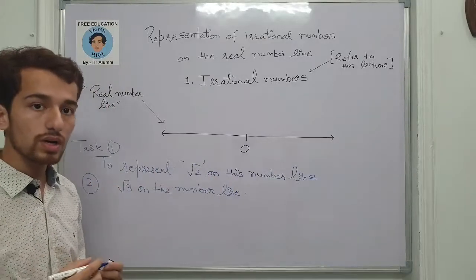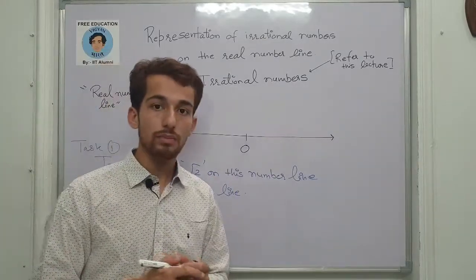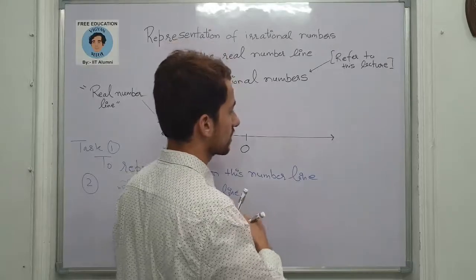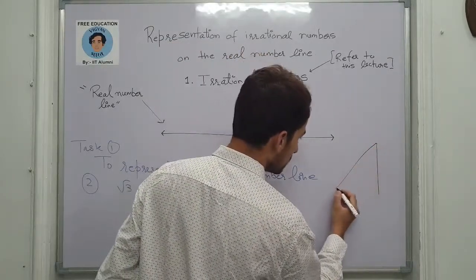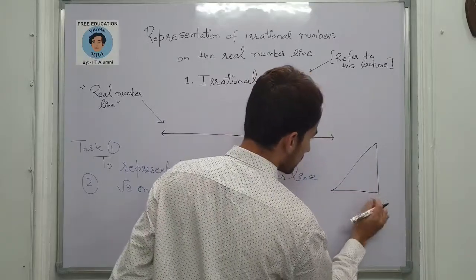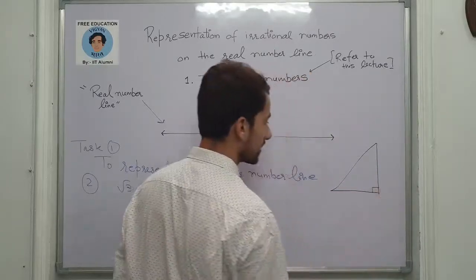Fine. So, if we recall the Pythagoras theorem, let me sketch a triangle here quickly. Suppose this is a right angle triangle, with a 90-degree angle.